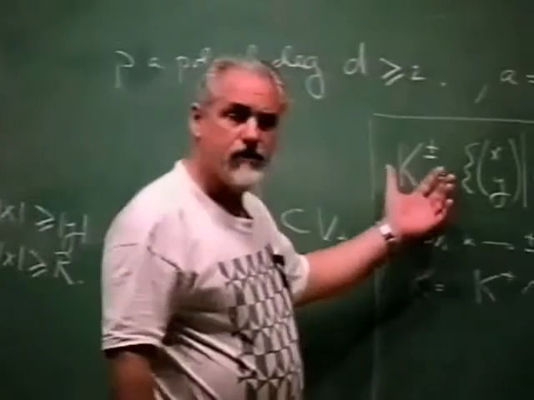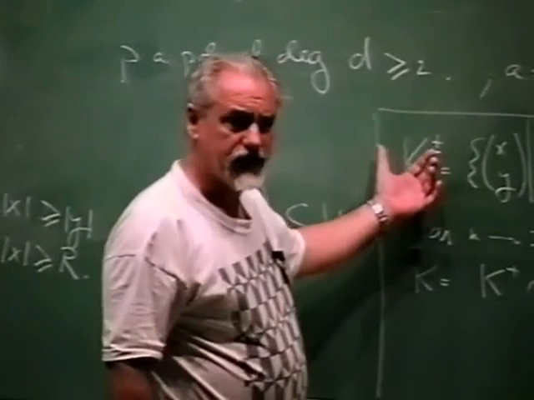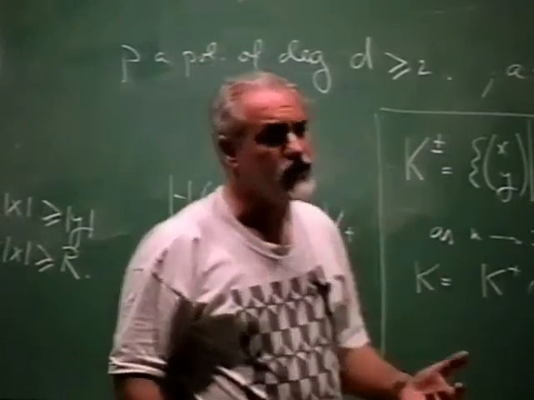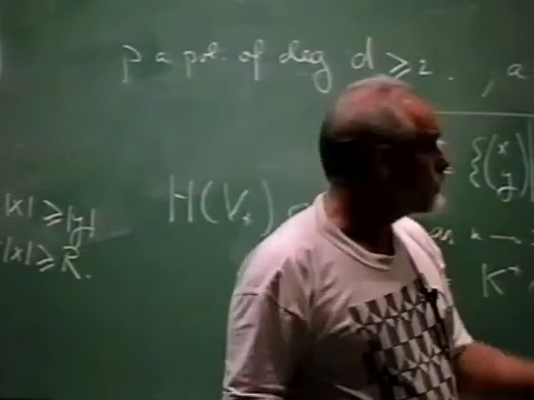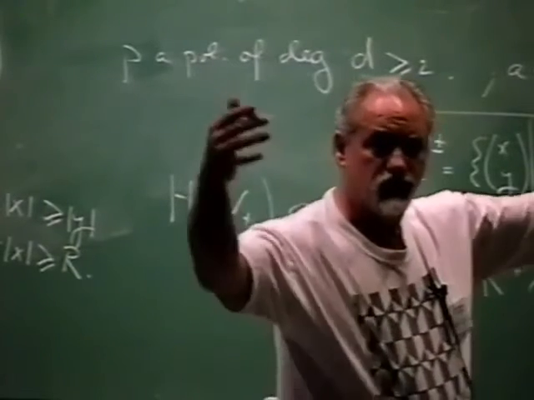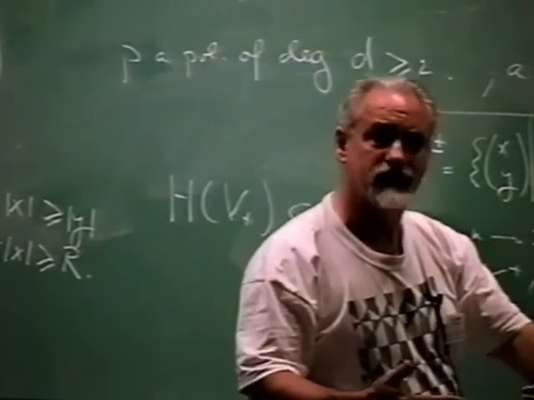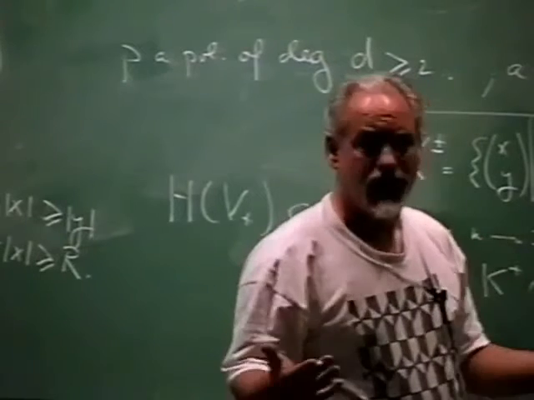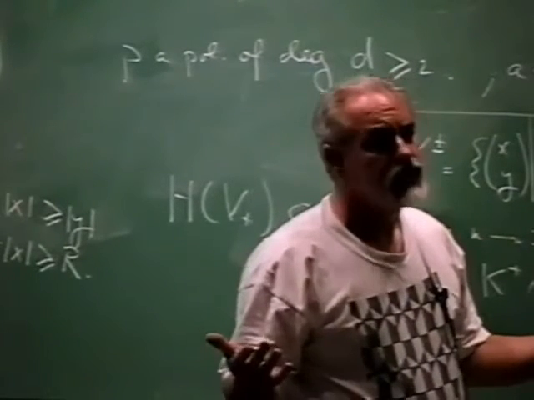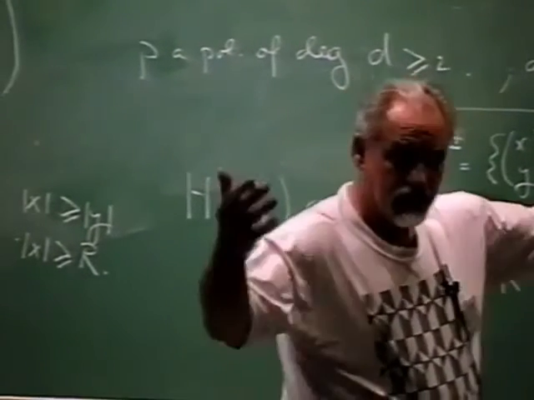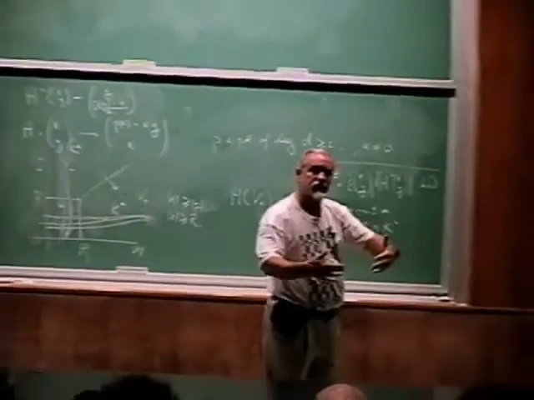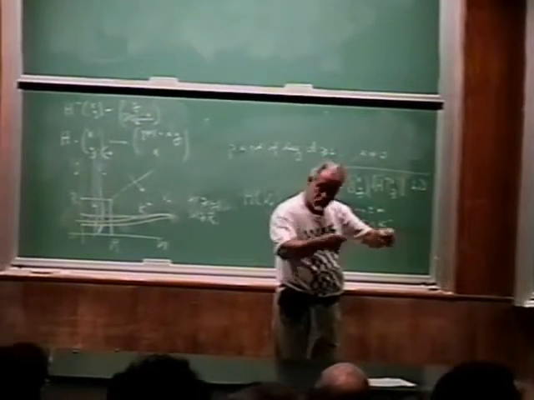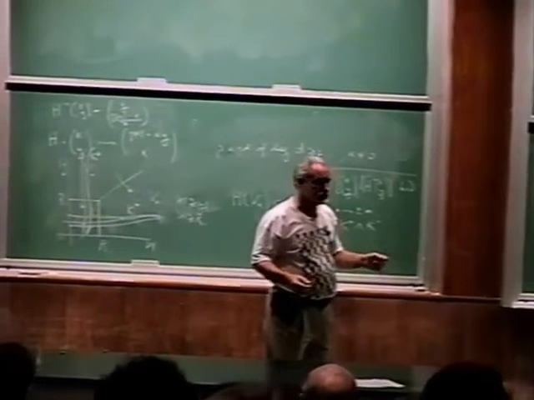Now, the idea about K plus and K minus is that we're going to creep up on K from the outside, just as for one-dimensional polynomials, we crept up on the filled Julia set from the outside using the conformal mapping of the complement, hoping to go to the boundary of this conformal mapping to give us names for points on the boundary of K_p.